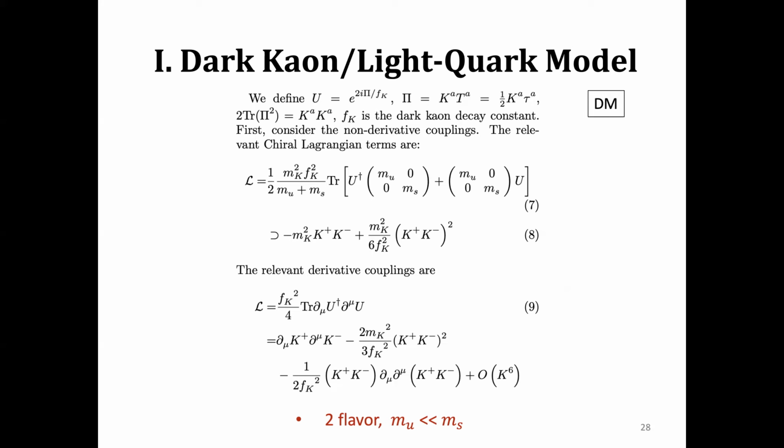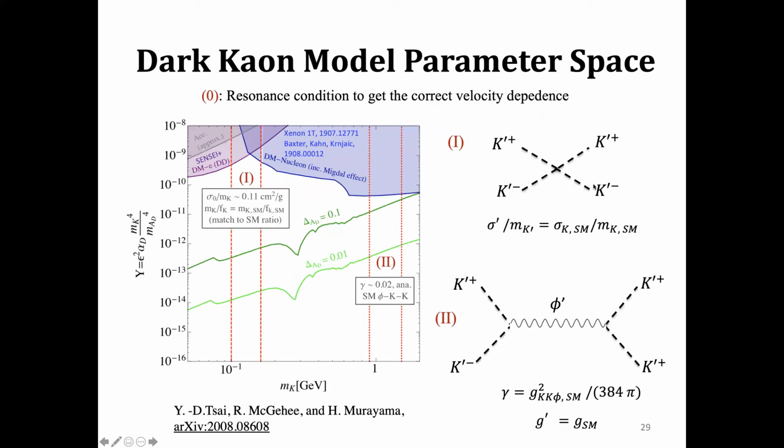So if you are thinking about the actual spectrum, these are more like a pion story because there's only 2 quarks. So you have this kind of pion-like theory, but we call it kaon because of the mass hierarchy. And then this kaon or pion stuff can scatter in different ways, through 4 kaon interaction or kaon resonance situation.